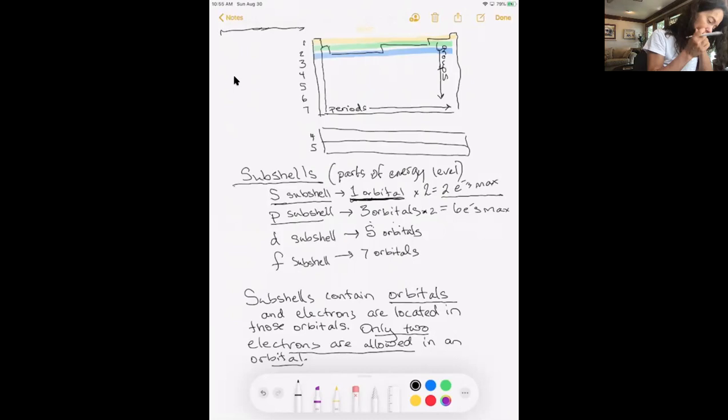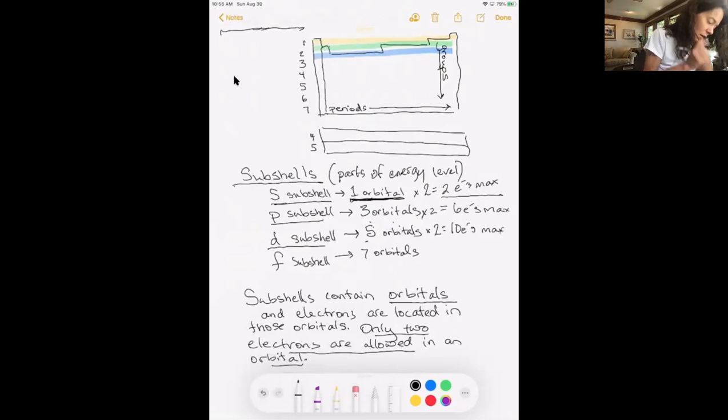Now, in a D subshell, there's actually 5 orbitals. There's 5 regions in space around the nucleus where you can find electrons. Therefore, in a D subshell, we can have a maximum of 10 electrons.